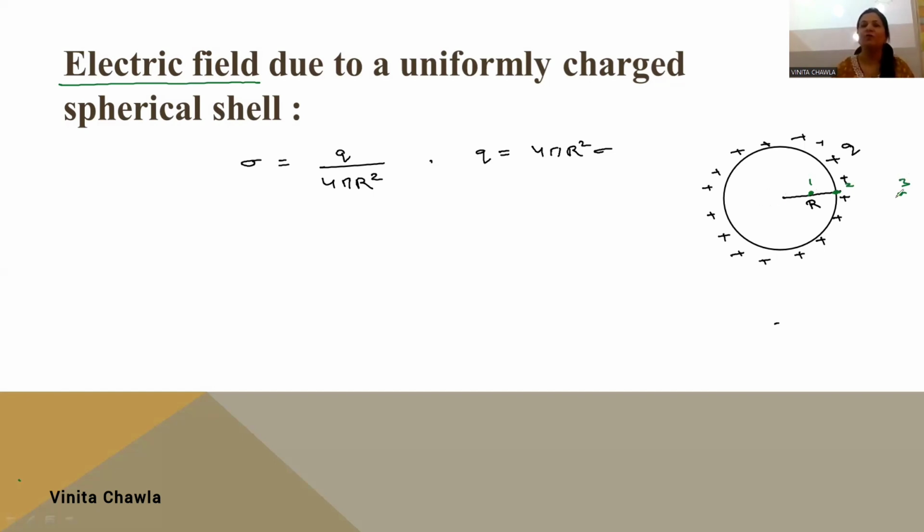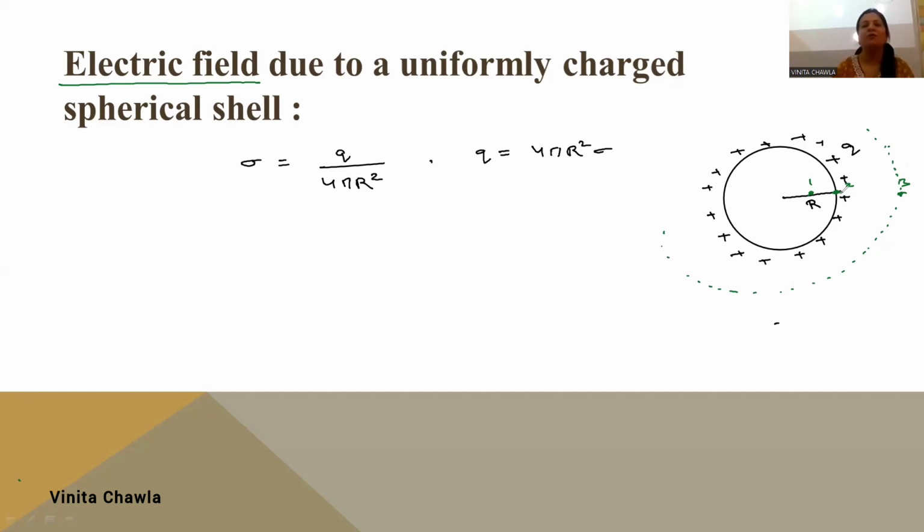If we have to find electric field intensity at this point, point 3, then we will create a Gaussian surface which passes through point 3. Because this is a spherical shell, the Gaussian surface is also spherical, right? So we can construct a Gaussian surface like this outside the shell, another sphere which encloses the given spherical shell.